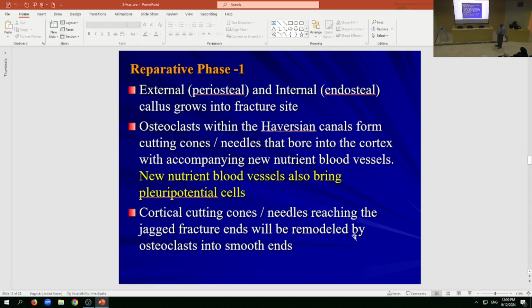The osteoclasts themselves, coming from the monocyte, will start proliferating. They have the capacity to eat up and make holes into the dead bone, these ragged areas at the ends. The debris of dead bone must be removed.